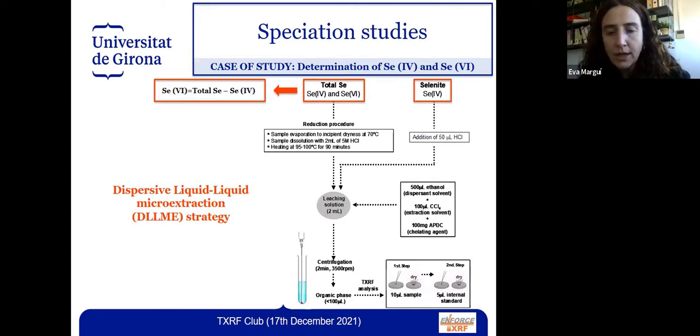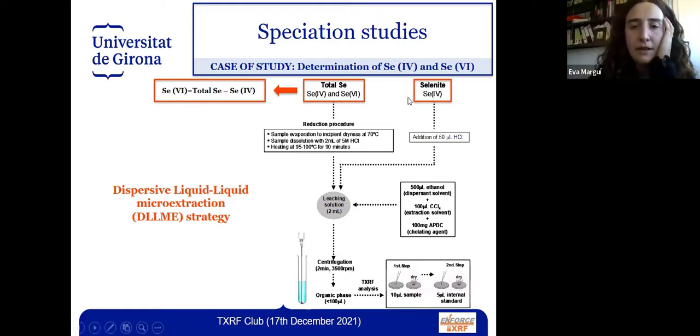In this case, we get information about the presence of selenium-4. If we perform a reduction procedure before doing the microextraction, we will have information about the total selenium present in the leaching solution, and if we calculate the difference between the total selenium and the selenium-4, we can get information about the presence of selenium-6.